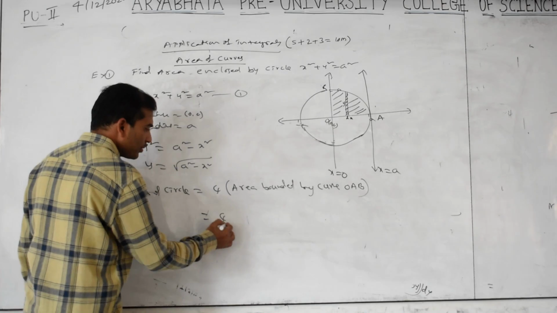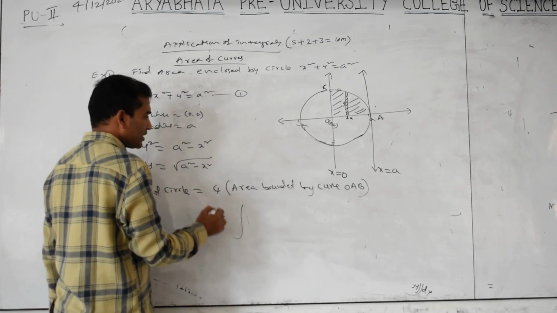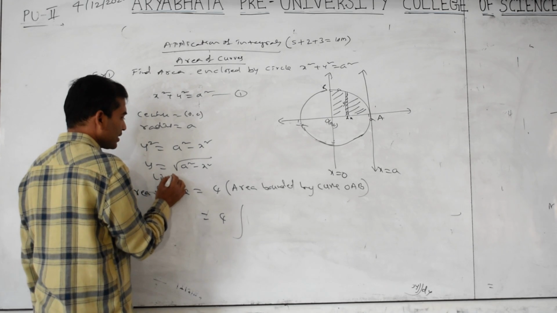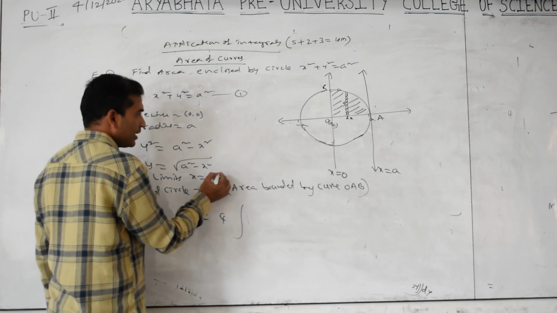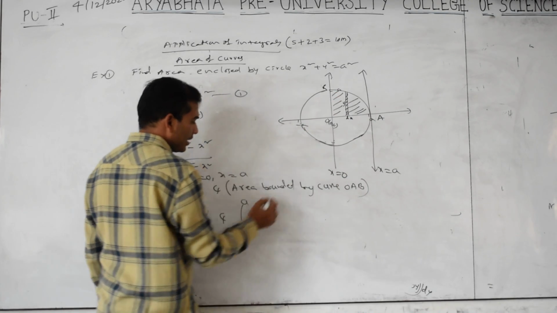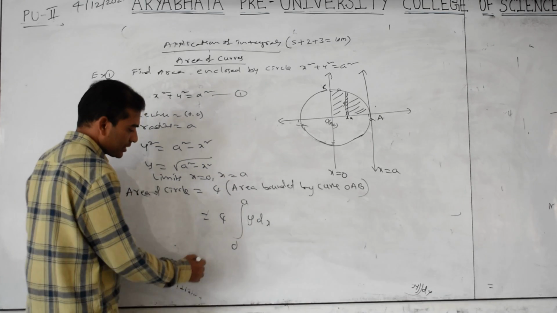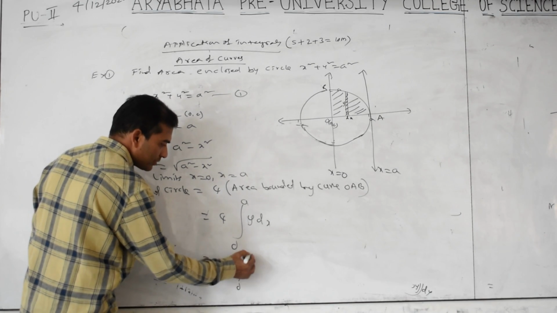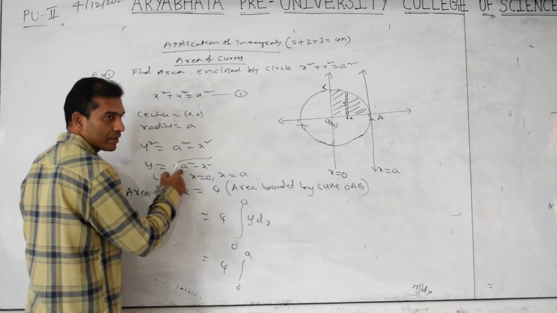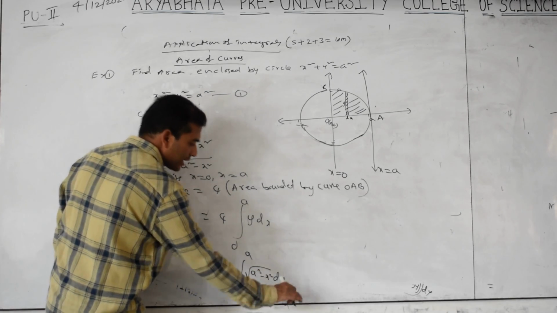So 4 into integration, with the limits of OAB: x is equal to 0 and x is equal to a, 0 to a. The small strip area is y dx. So 4 into integration from 0 to a of root of a square minus x square dx.